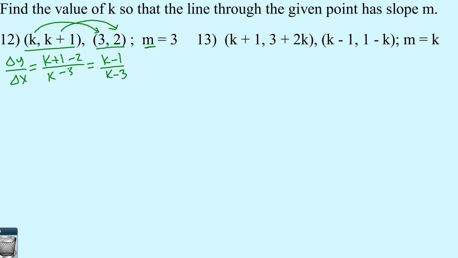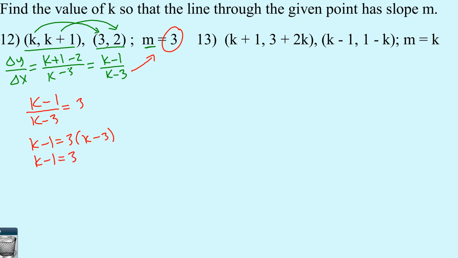But wait, the slope is also 3. So what am I writing? K minus 1 over k minus 3 has to equal 3. Multiply by the k minus 3. Work it out.